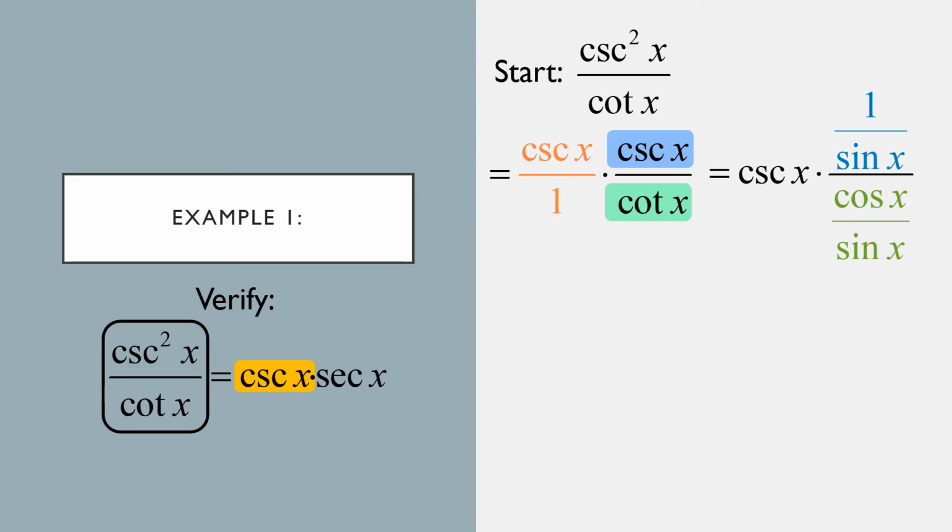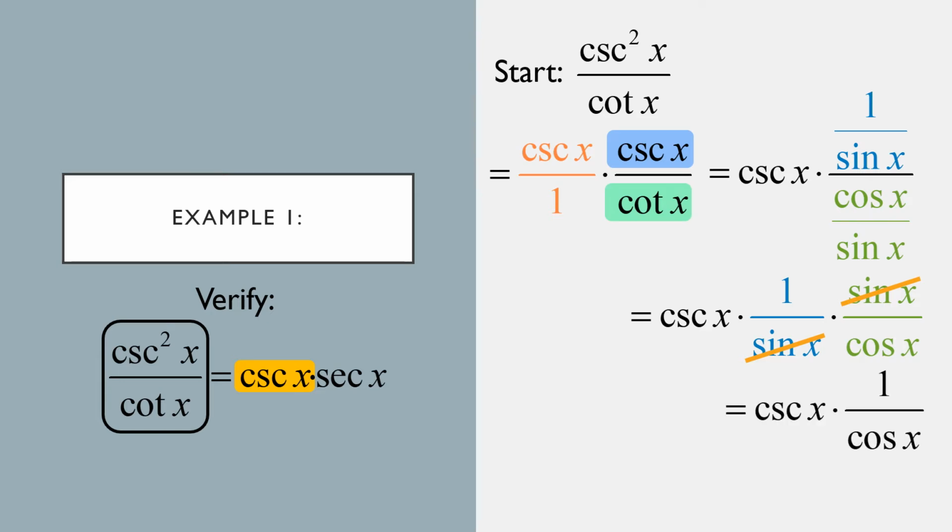Next, we will use some algebra and multiply by the reciprocal. That will allow us to simplify, giving us cosecant of x times 1 over cosine of x. Don't forget to pay attention to what we're trying to end up with. We're trying to end up with cosecant of x times secant of x.